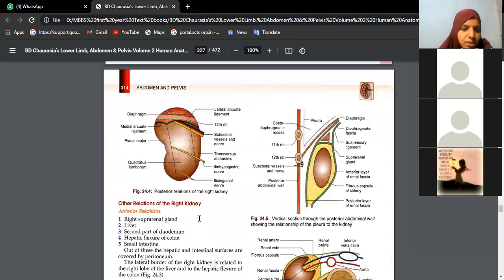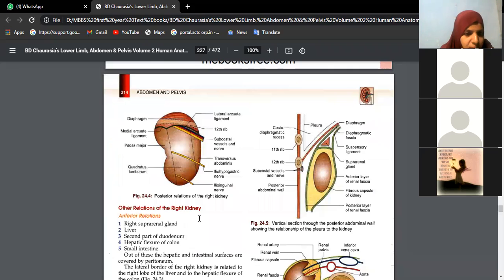Only anterior relations will differ, but posterior relations are same. So see what are the various structures. The important ones, as Hema told, PQT. So psoas major is the muscle, then quadratus lumborum, and then we have transversus abdominis. Okay, medial one third, middle two thirds, and lateral one third, something like that.